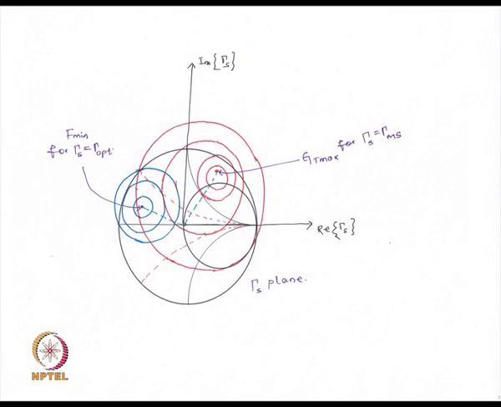Now if we want to satisfy both the available power gain requirement and the noise figure requirement, suppose this is the available power gain circle we have, and this is the noise figure circle for the desired noise figure. Then the point of intersection between the two will give the solution for both the noise figure and the available power gain.